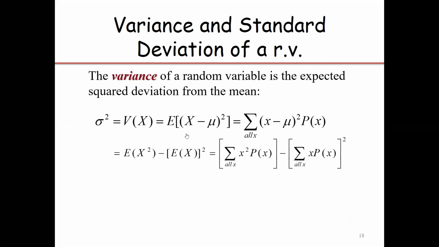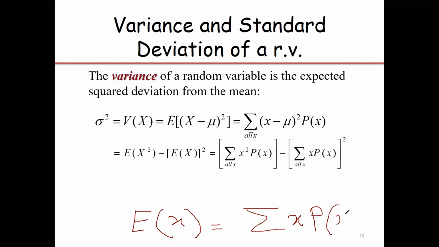The variance can be computed in the same way: x minus mean whole square, expected value. If I expand this, the expectation can be expanded by Ex. Ex is basically the sum of x and px, so you have to weight by the probability. If you are interested in the expectation of y, then this will be y into py.